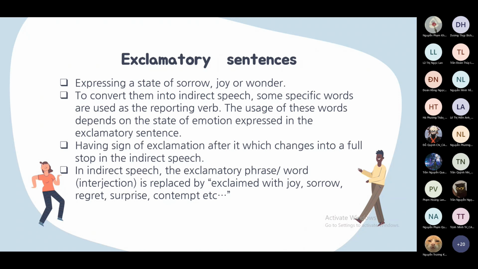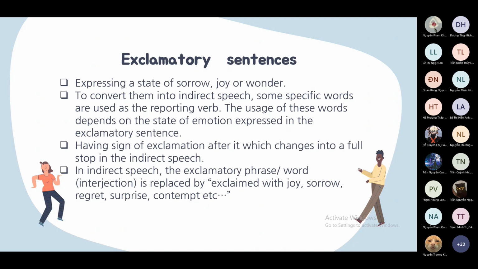Secondly is the exclamatory sentences. An exclamatory sentence is a sentence that expresses a state of sorrow, joy, or wonder. To convert them into indirect speech, some specific words are used as the reporting verb. The usage of these words depends on the state of emotion expressed in the exclamatory sentence.